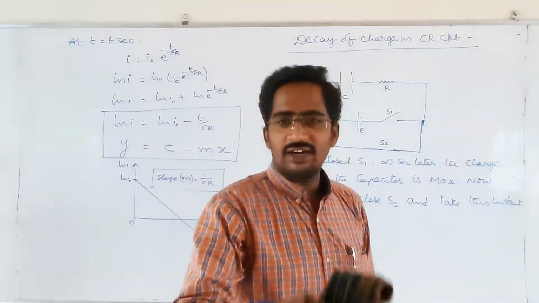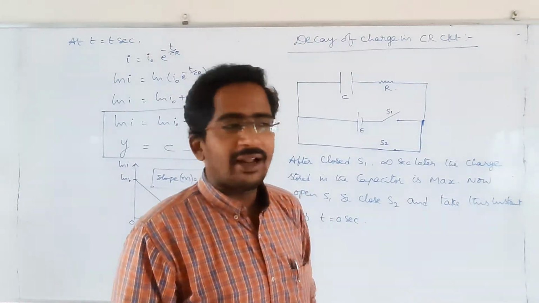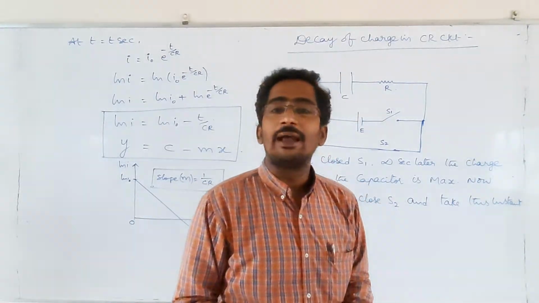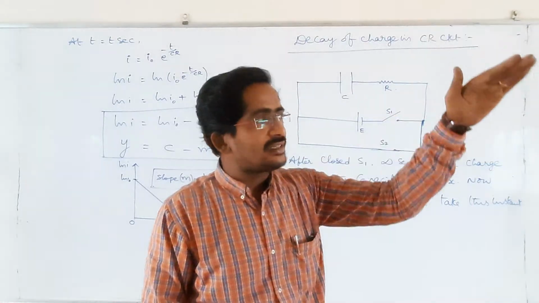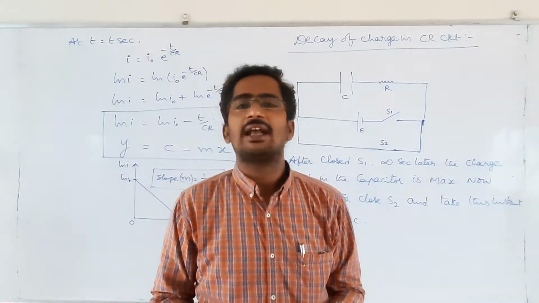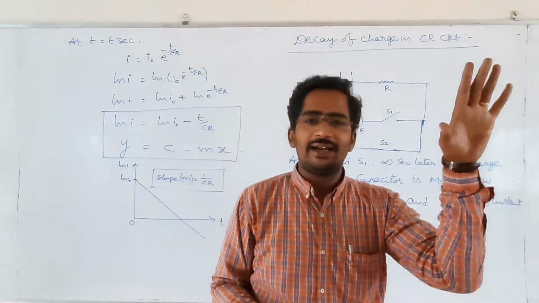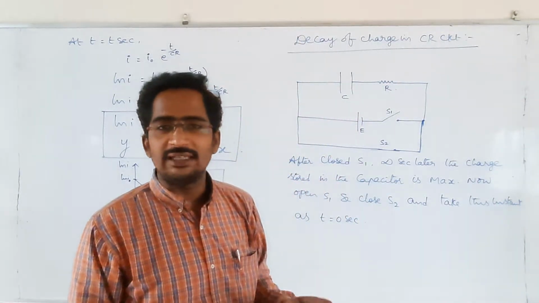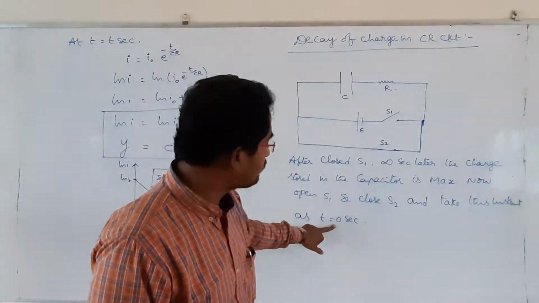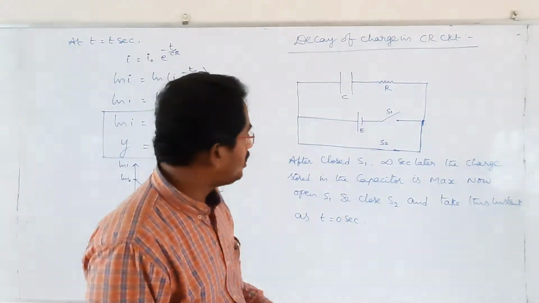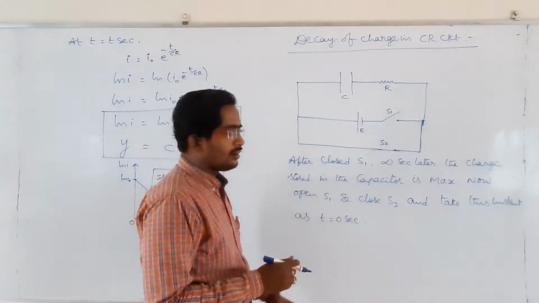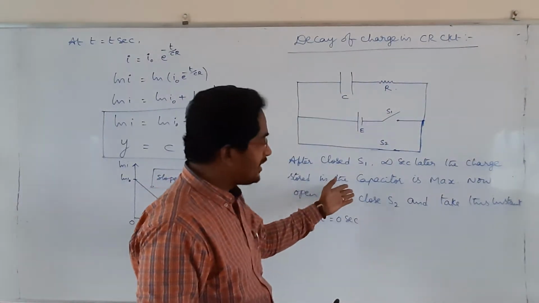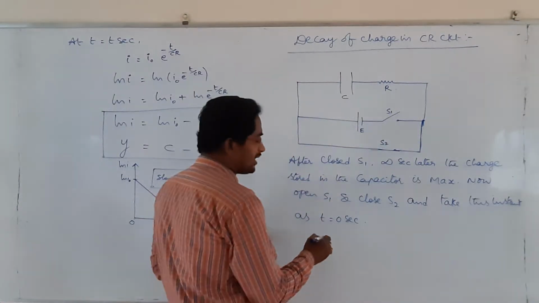So from this onwards, what is happening? As time goes on increasing, the charge in the capacitor gradually decreases. That means decay of charge takes place in the capacitor from this instant of time. After this is done, the circuit becomes like this.